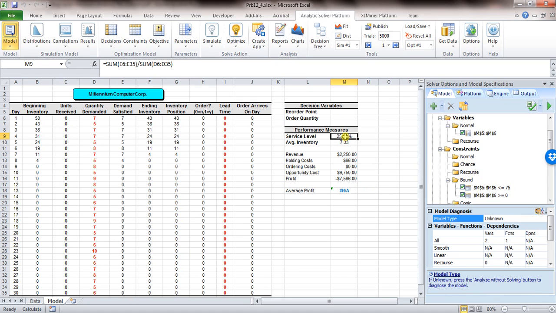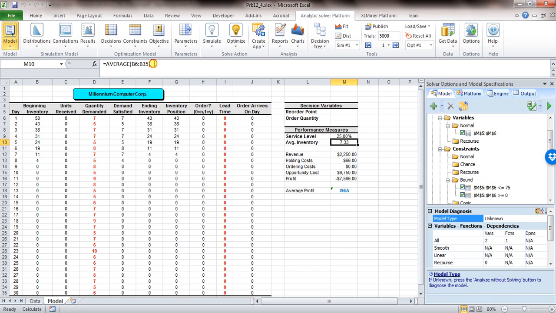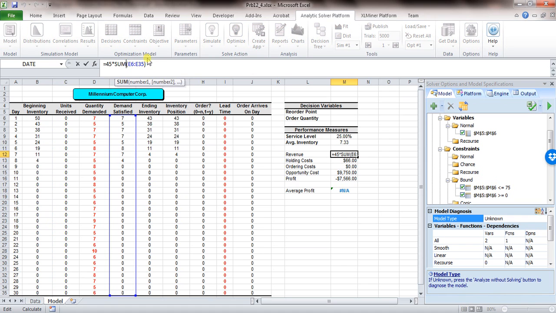And this is the service level. Service level is how many times demand is satisfied by the quantity demanded, and average inventory is the average of the beginning inventory. Revenue is the demand satisfied times the selling price.